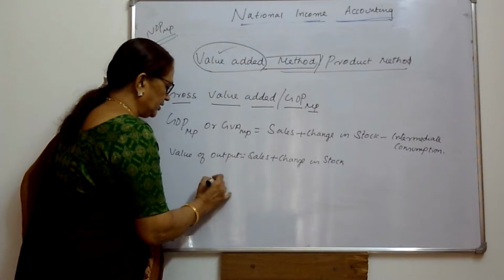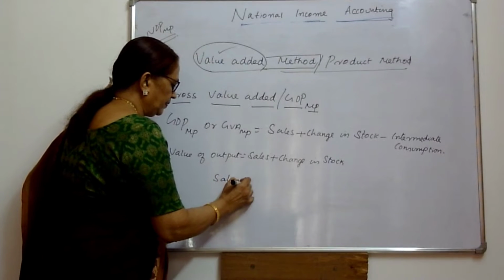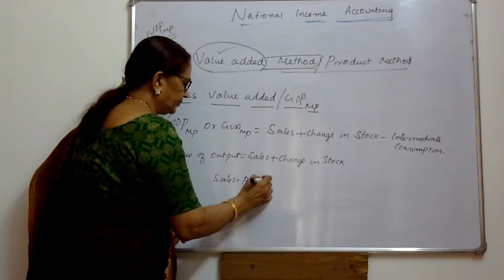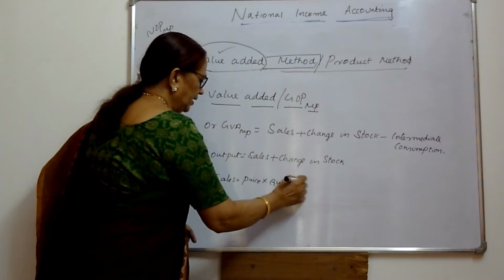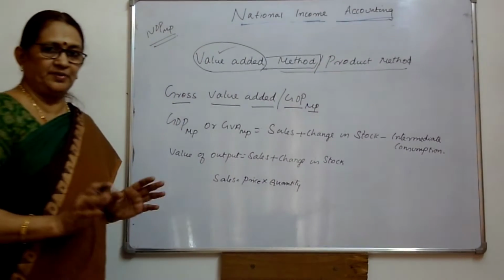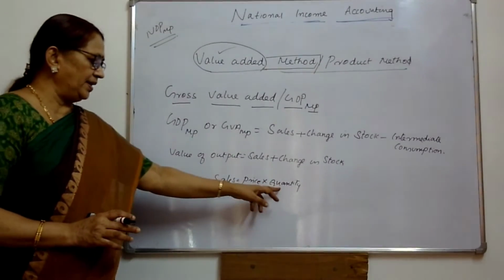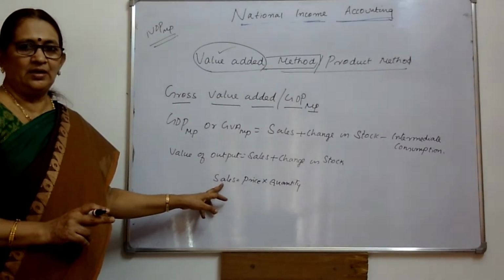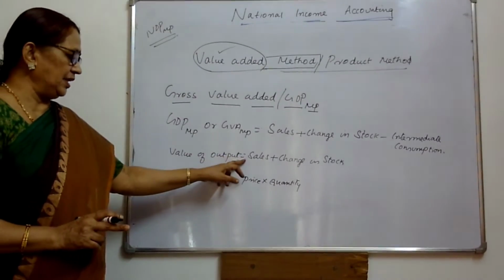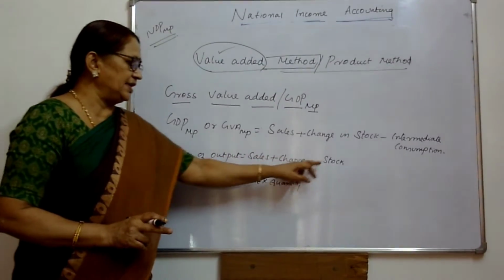Sales is equal to price into quantity. How many goods are produced in the economy into prices of that commodity. So price into quantity gives us the value of sales. So value of output is equal to sales plus change in stock.